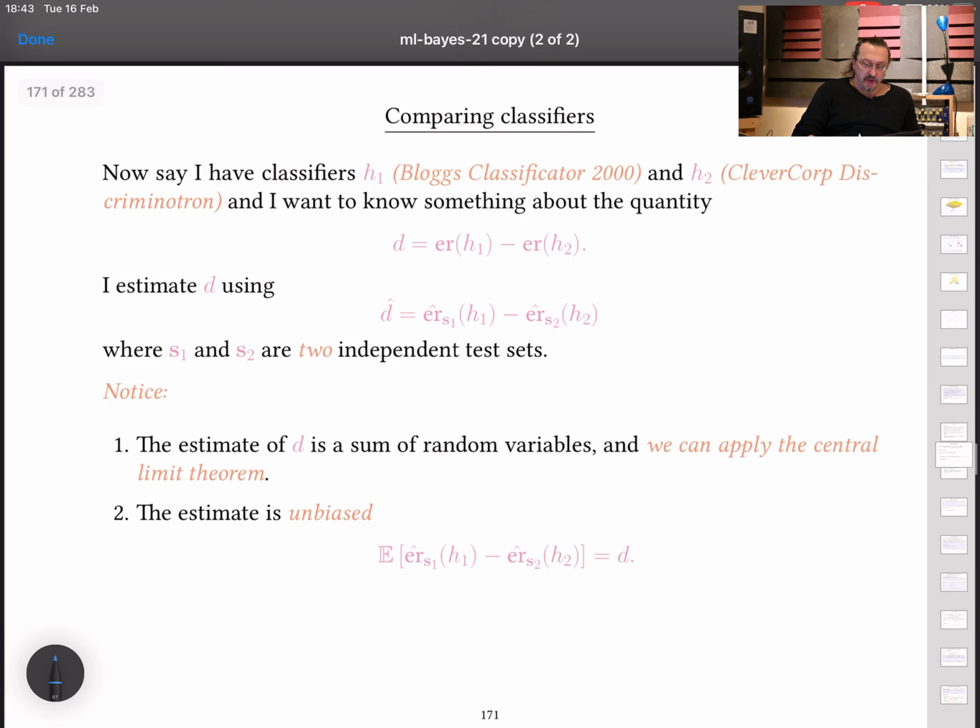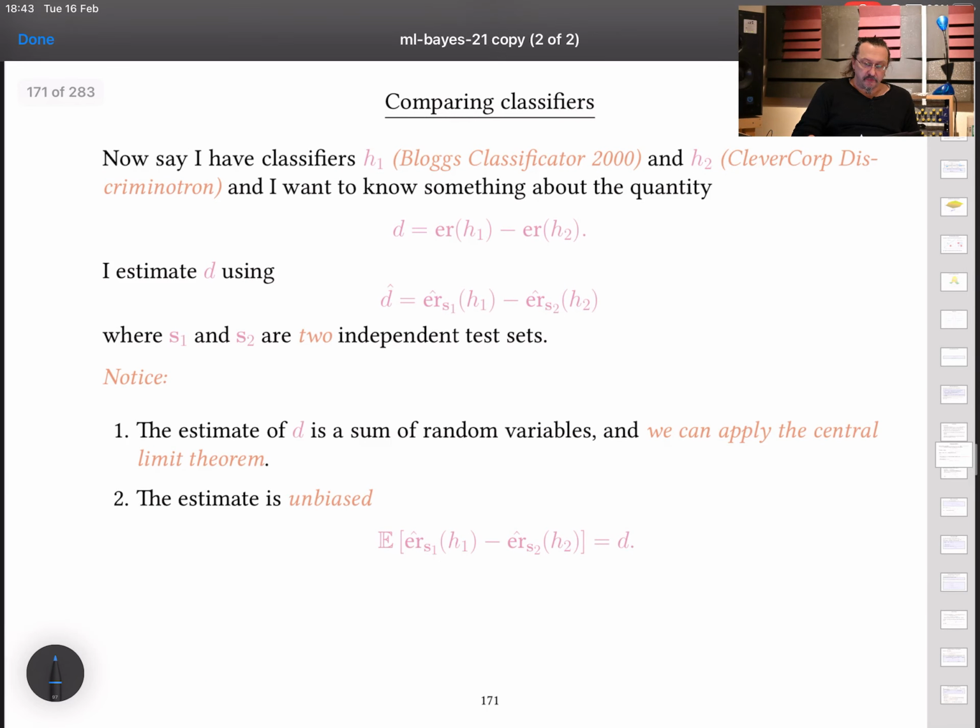So, where do we go now? Well, once again, what we're actually interested in is comparing two classifiers. So what I really want to know is not just that with high probability my estimated error for a single classifier h lies within a particular bound.